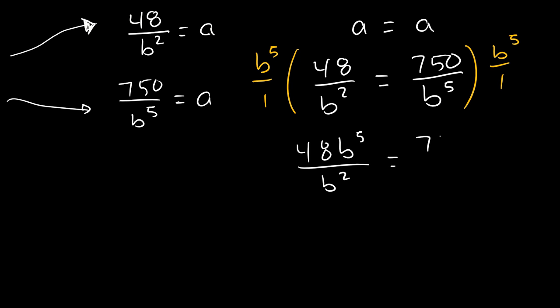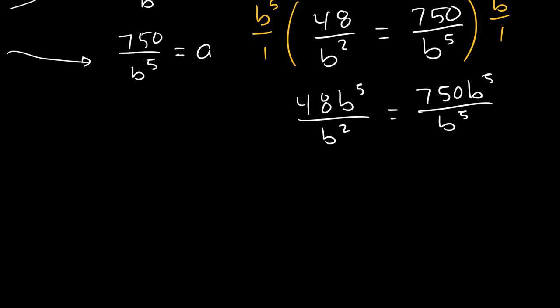And over here I get 750 times b to the 5th over b to the 5th. Now, the reason why I selected b to the 5th is because it cleans it up and there are no longer fractions. Once I simplify this, the right-hand side is just going to become the number 750, and the left-hand side is going to become 48 times b to the third power.